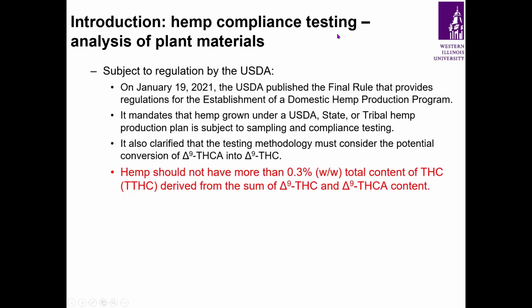Hemp compliance testing often refers to the analysis of plant materials. It is subject to regulation by the USDA. Bottom line, hemp should not have more than 0.3% total content of THC, derived from the sum of delta-9 THC and the precursor delta-9 THCA.